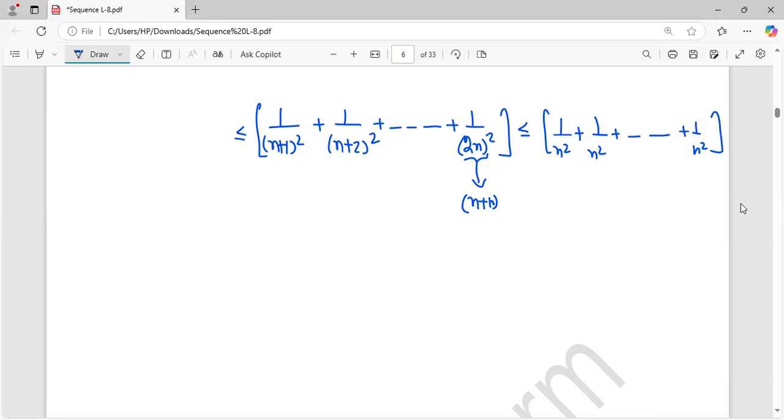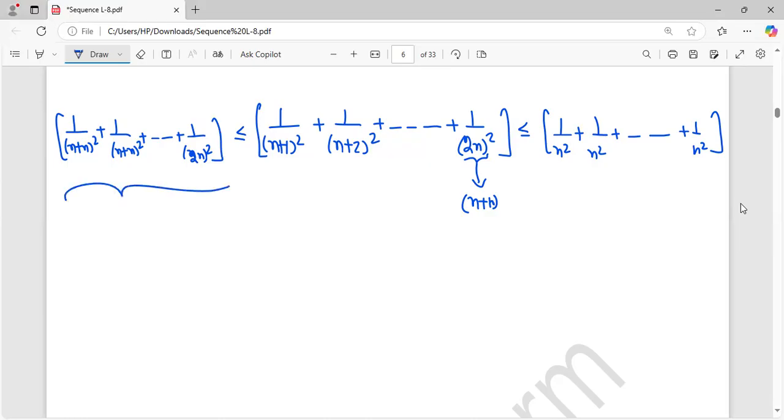In place of n plus 1 we put n, so the denominator decreases, and finally we take n plus n squared. We will keep this part as it is.